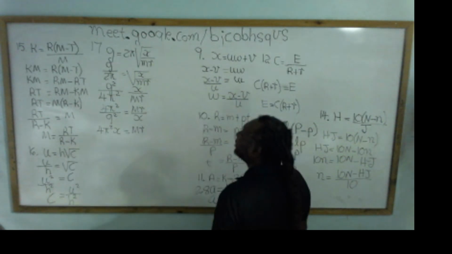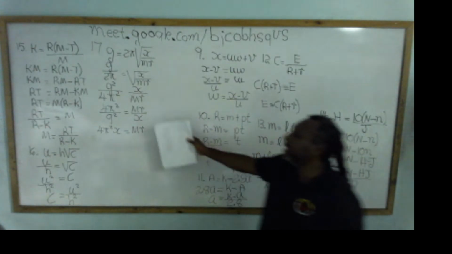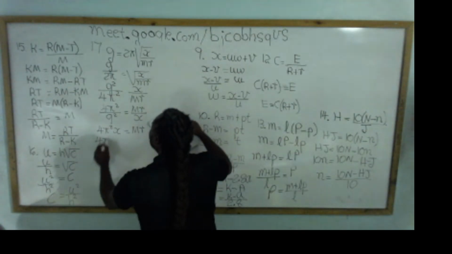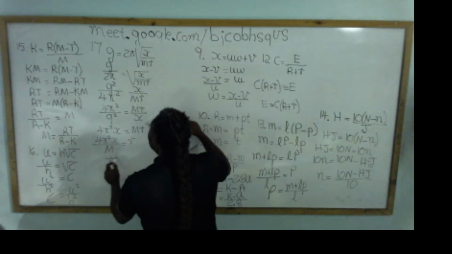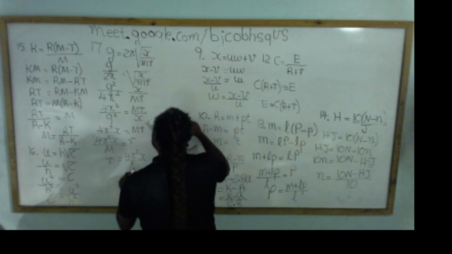Is it the r? No, the m. We are making r the subject of the formula. Eliminate this m that is multiplied. So we have 4 pi squared x over m is equal to r. And we finish by saying r is equal to 4 pi squared x over m, which is quite a bit.